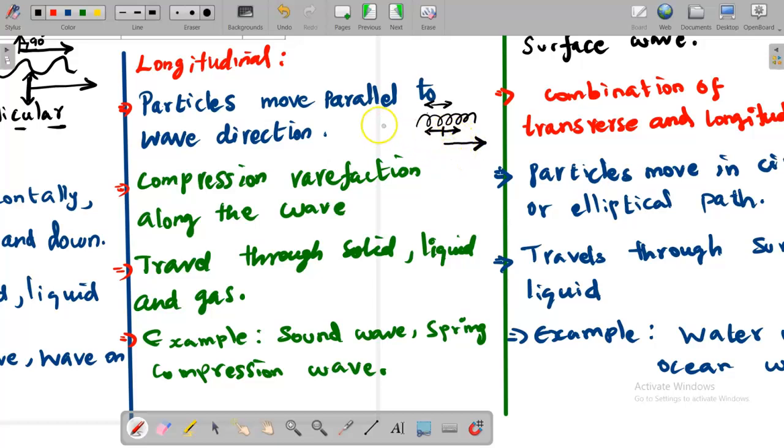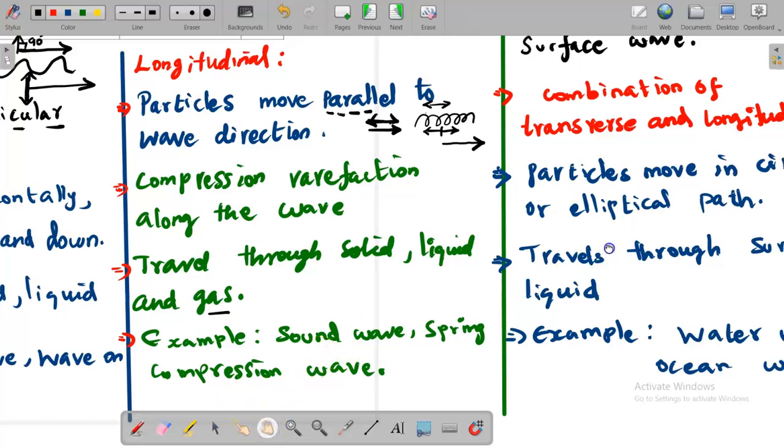So the motion of the particles is parallel to the direction of wave motion. It has compression and rarefaction along the way. It travels through solid, liquid and gas. Examples: sound wave, spring, compression wave. You can copy by pausing the video.